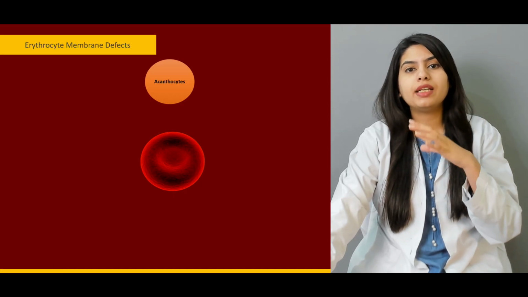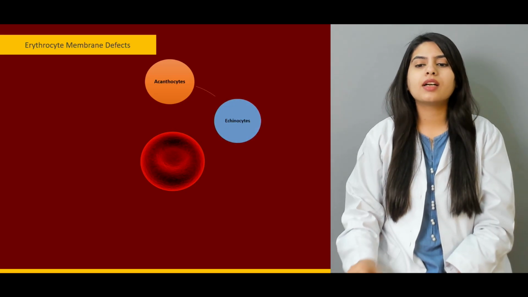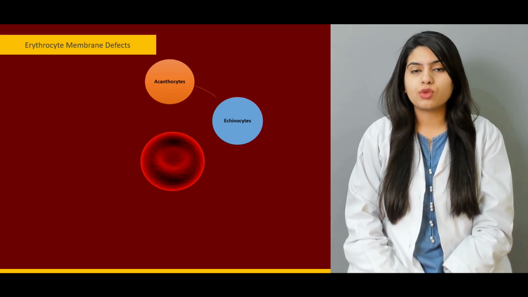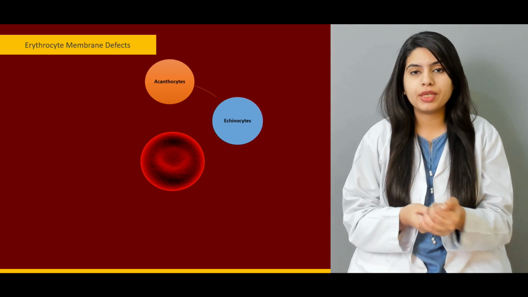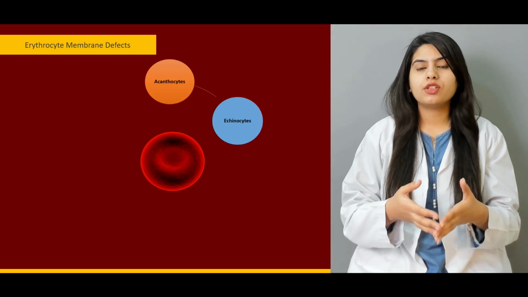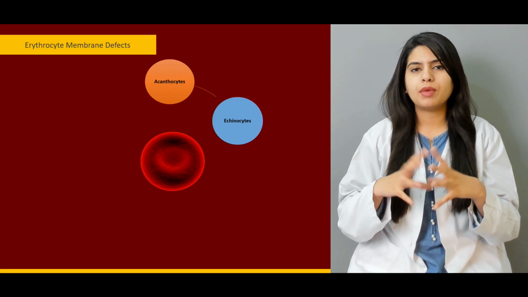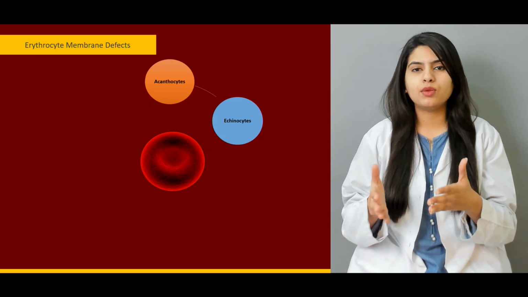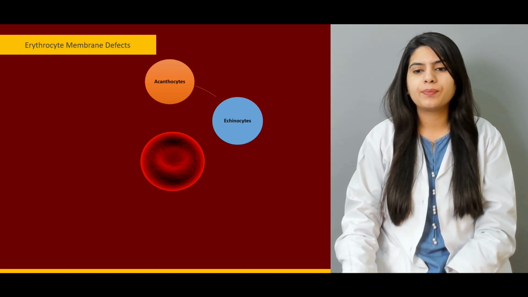This happens in acanthocytosis, and in such cases there is mostly extra deposition of lipid in the membrane layer, and this extra deposition leads to the formation of irregular thorn-like shapes in the membrane. Echinocytes, by comparison, are regular in shape, as compared to the acanthocytes that are irregular.